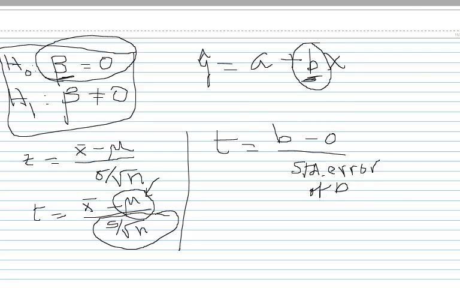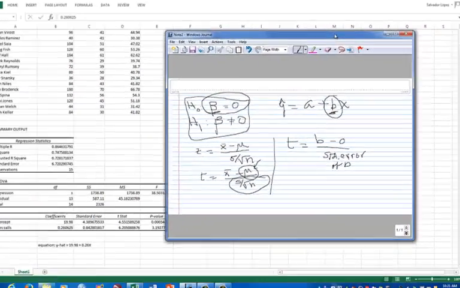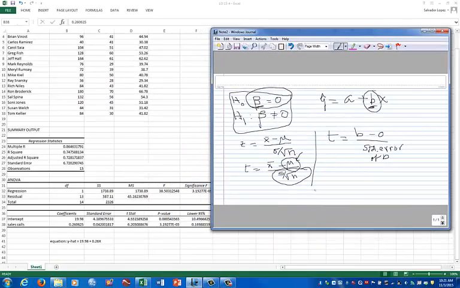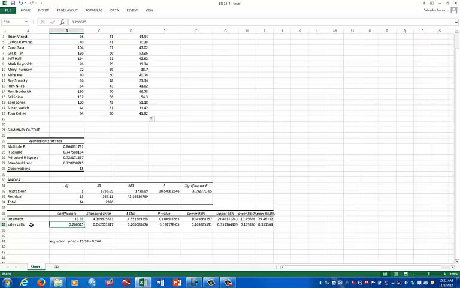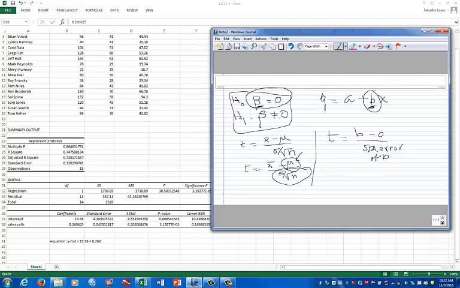Let me go back here to my results. I get my coefficient for the sales calls for x is 0.26, and I get my standard error. So 0.26 minus 0 is 0.26, divided by the standard error.